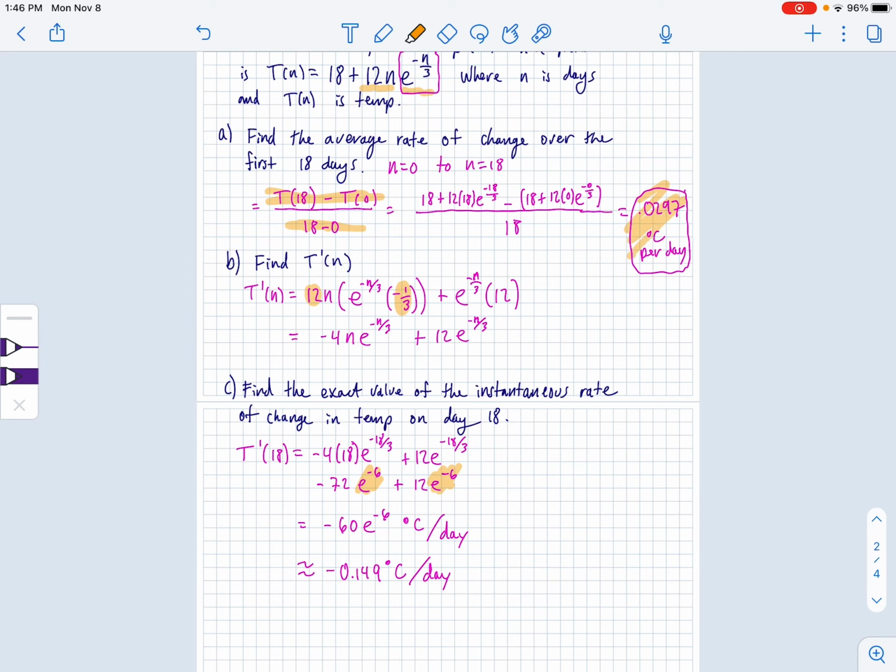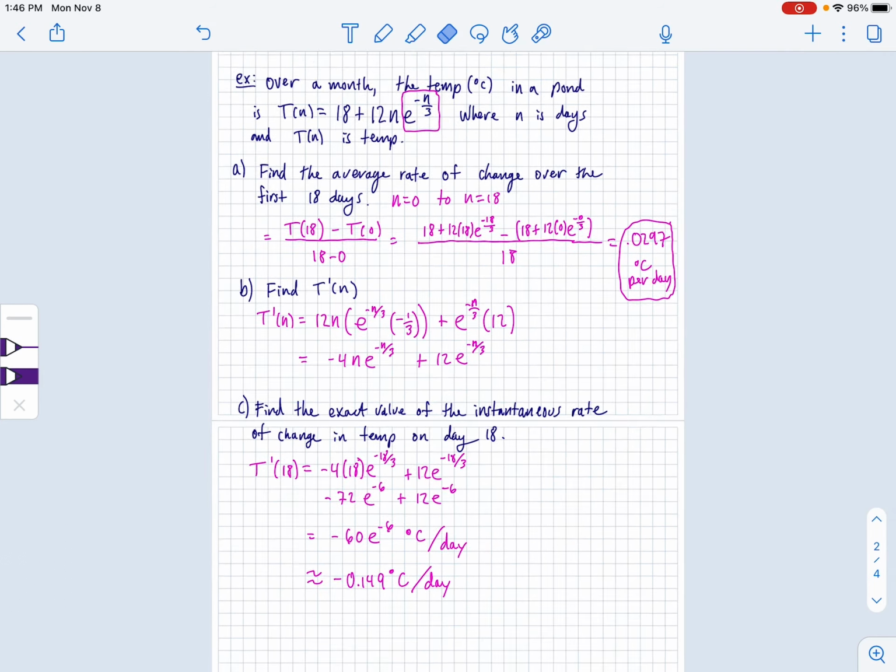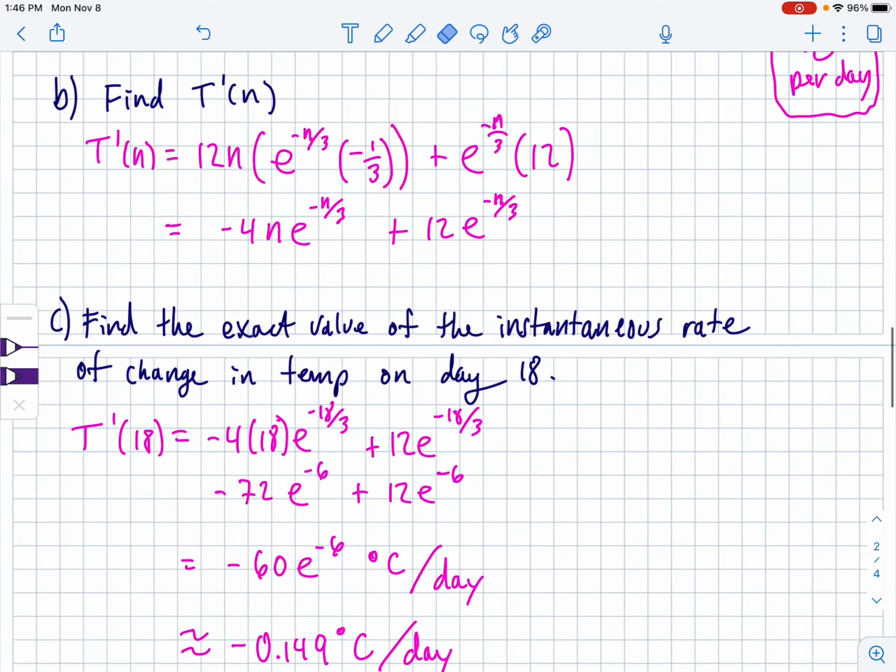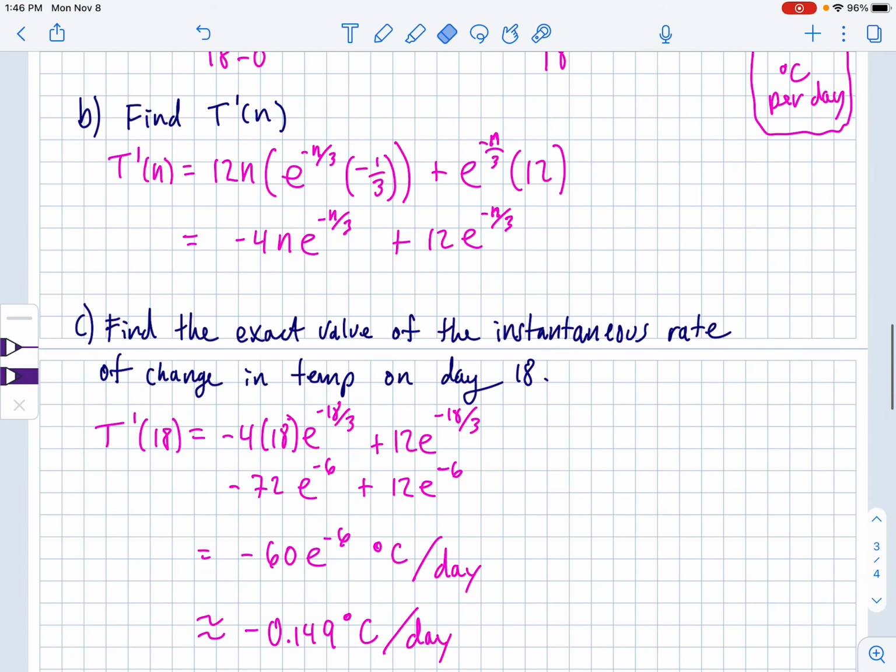This is the average temperature change over the first 18 days, and this is the instantaneous temperature change on the 18th day, about a pond. Maybe there's something special in the pond that we care about the temperature of. Not the best real-world example, but the math is kind of interesting: a little product and chain, a little instantaneous, a little average, secant stuff.